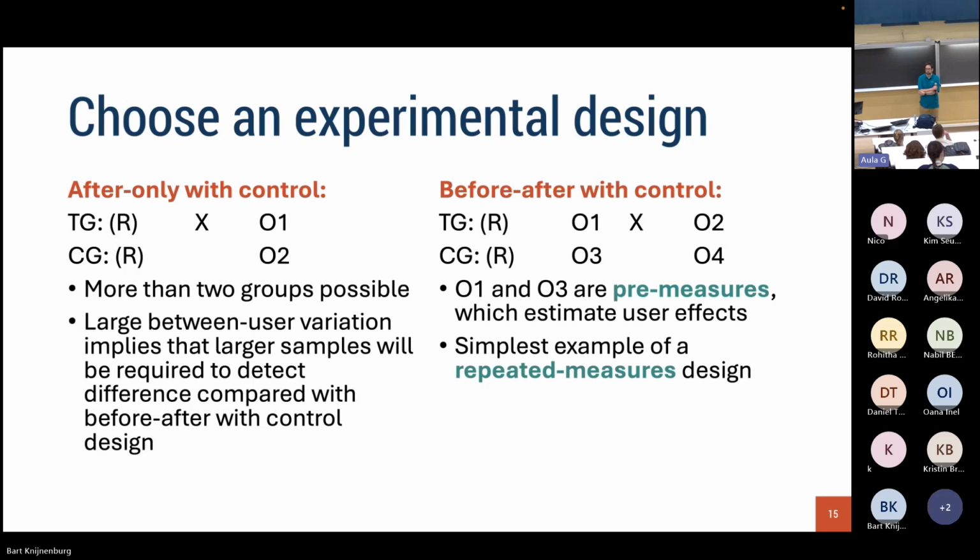What happens first? Well, we take our subject pool and we use a random procedure to assign people to these two groups. Then what happens? Well, the treatment group gets exposed to our treatment. The control group doesn't. So maybe they're getting exposed to a baseline condition, and then we take a measurement. All right. Now there's a problem with this design, and the problem is that there are already existing differences between your users.